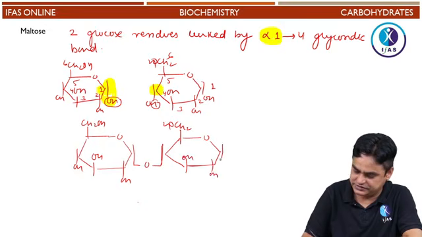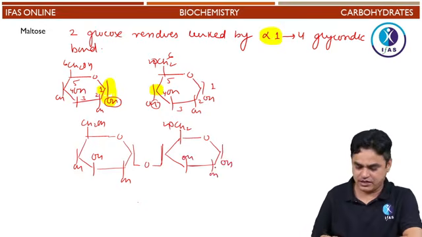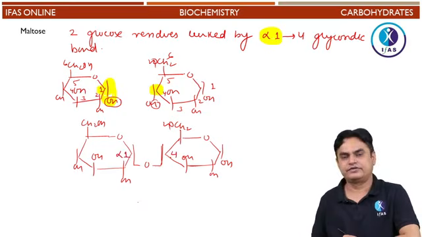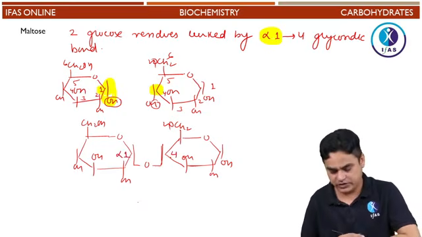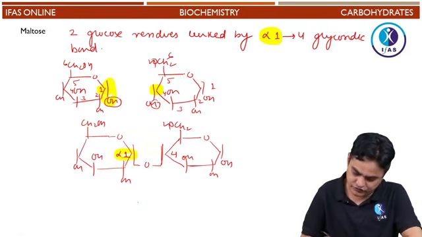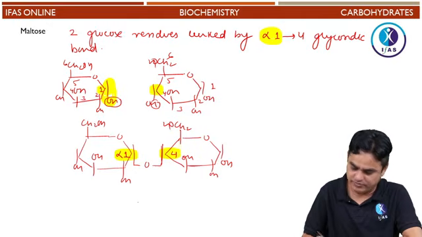This is like this. So the glycosidic bond is between alpha 1 with a 4. Okay, so that's why it is referred to as alpha 1,4 bond.